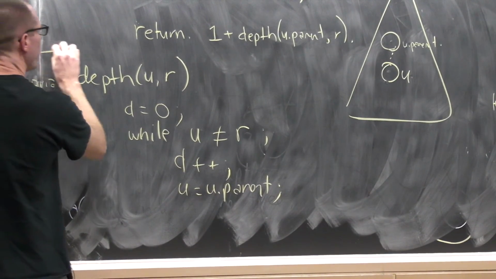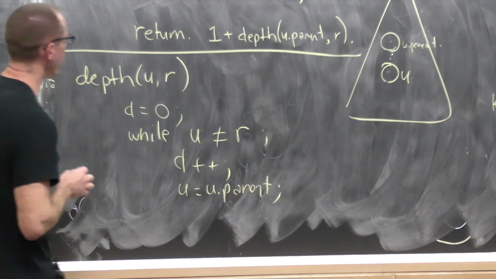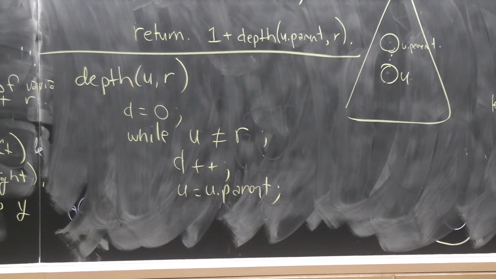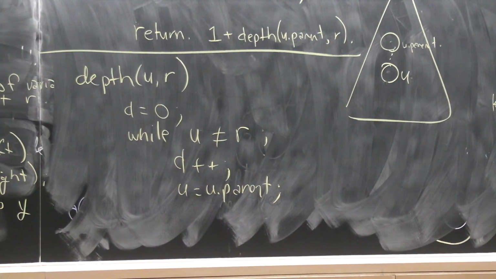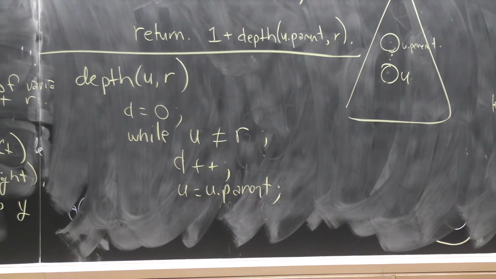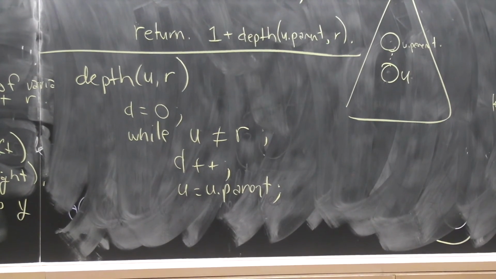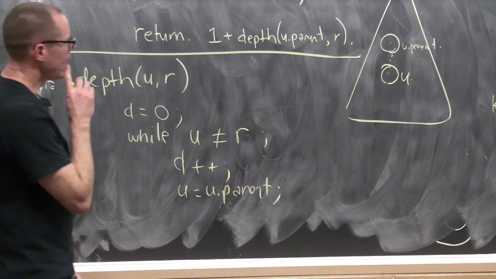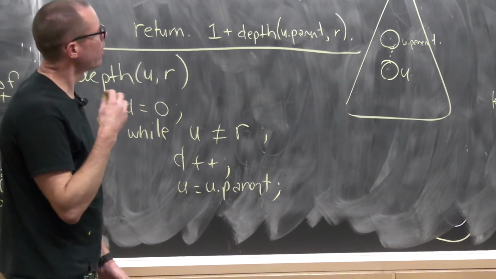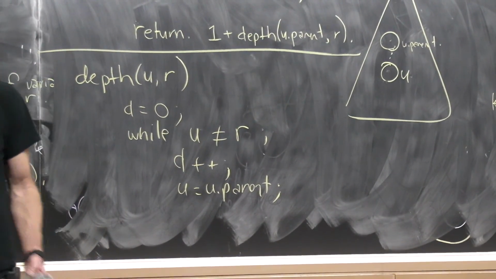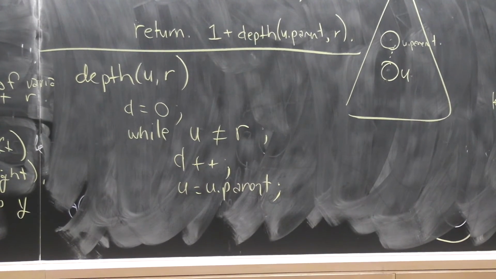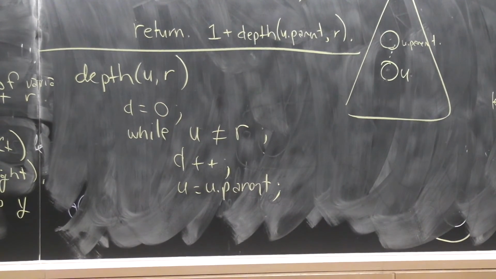And for some reason I made a little fuss about this. Why not use recursion? Well, if you've worked in Python before, or actually any language, recursion is fine as long as you have some reason to believe that you won't be making a deep set of recursive calls.